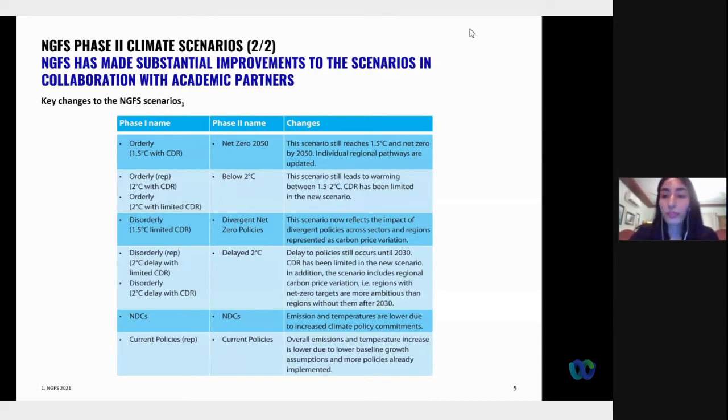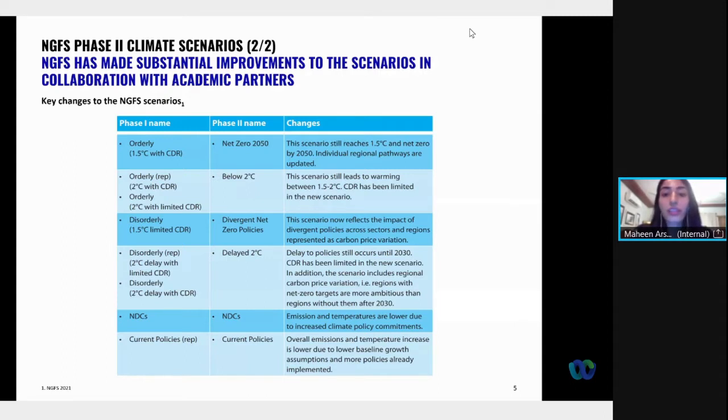So this slide shows the changes that have been brought to the NGFS scenarios from phase 1 to phase 2. As I mentioned before, these scenarios have been brought more up to date to include the recent implementation of policies by regions across the world. These also now include a macroeconomic model to understand the economic implications.